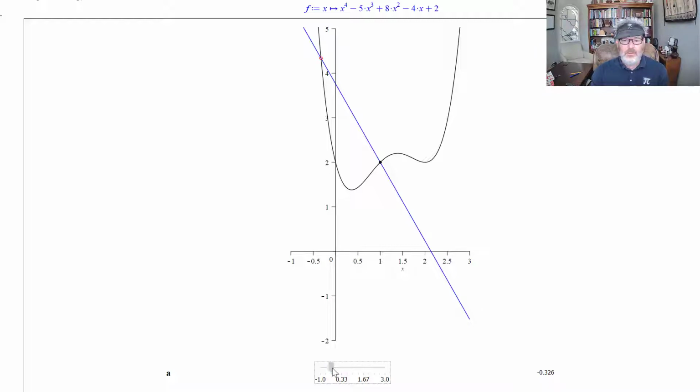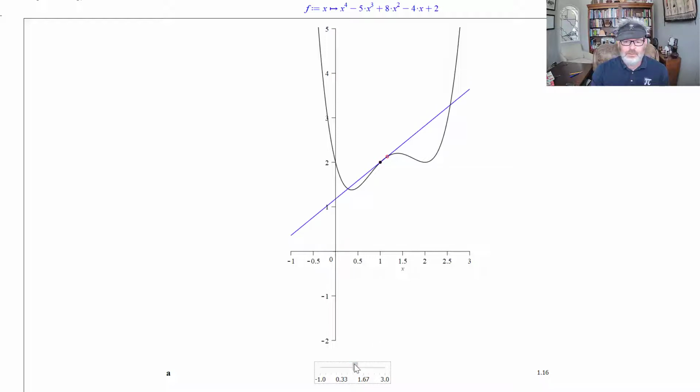It's really far away, but as we get closer and closer, the slope of the secant line settles down to a nice constant slope. And then if Q is also at 1, so both P and Q are now the same point, they're both at (1, 2). Well, I can't find the slope of that line, so that's why there's that hole in the graph.